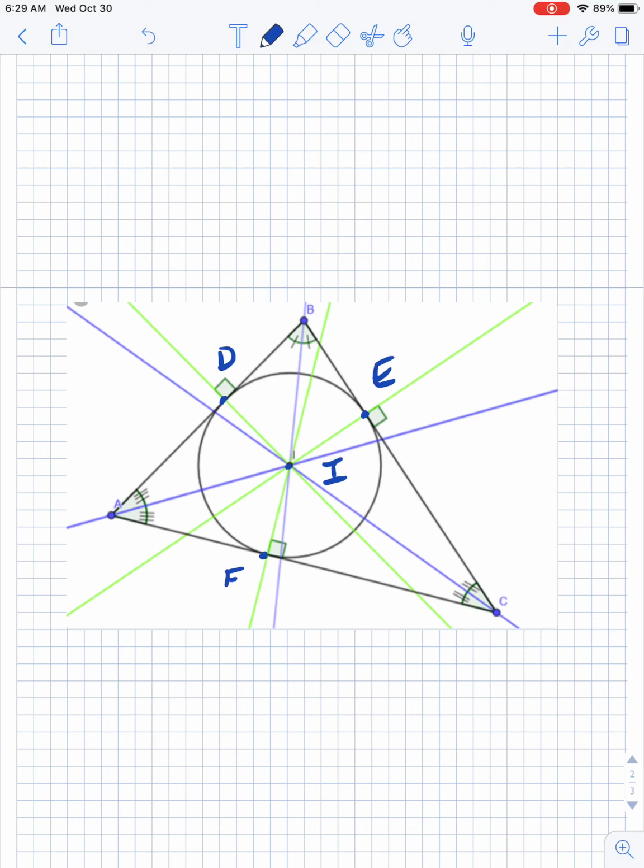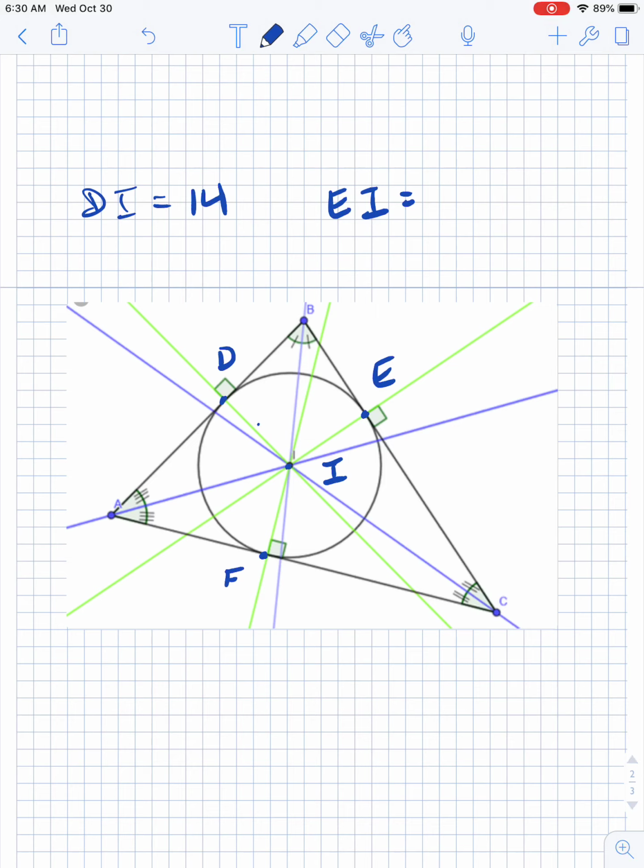Okay. So if the question gives you something like DI is equal to 14, and they're asking you what is the distance of EI. Well, we just learned that DI is a distance from the incenter, and EI is also a distance from the incenter to the sides.